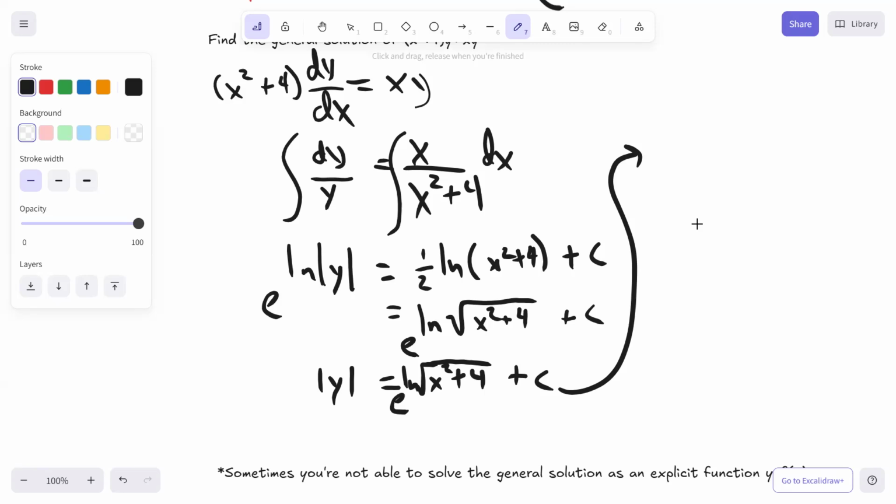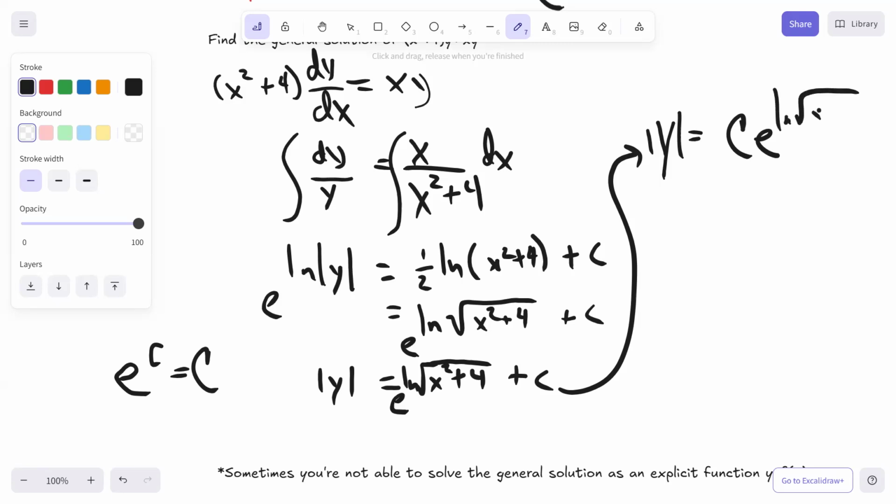So you would have e to the natural log square root, blah, blah, blah, times e to the c. Well, e to the c, we could rewrite as a constant. So you'd have absolute value of y equals c e to the natural log square root x squared plus 4.